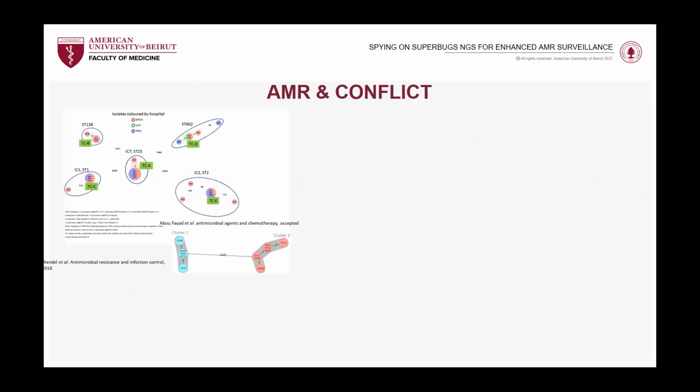So we started looking at conflict countries and what they are observing with Acinetobacter baumannii. We had collaborators in Libya who sent us samples from 3 hospitals, and we looked at these strains at a genomic level to see whether there is a driver of that sort.